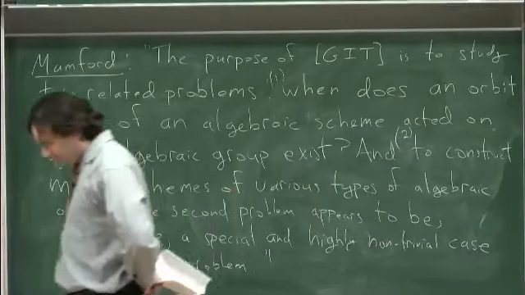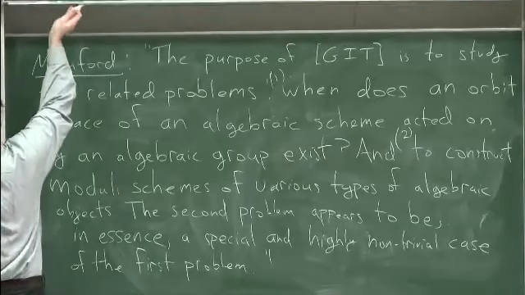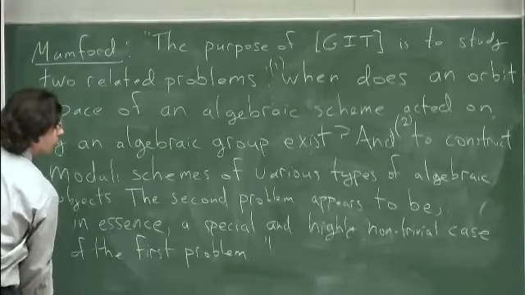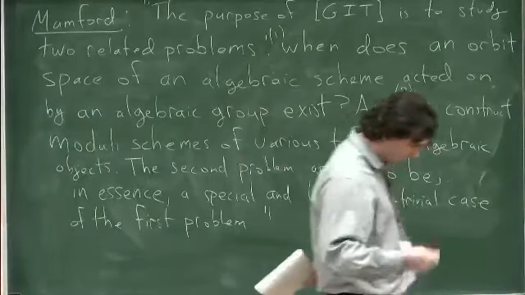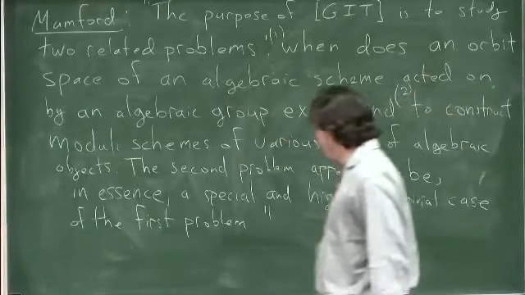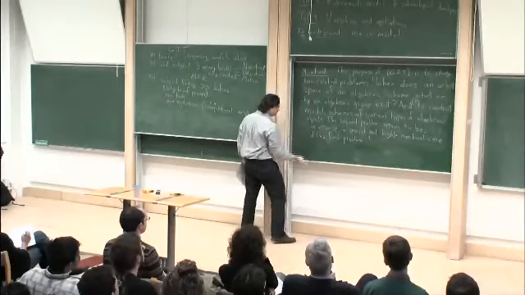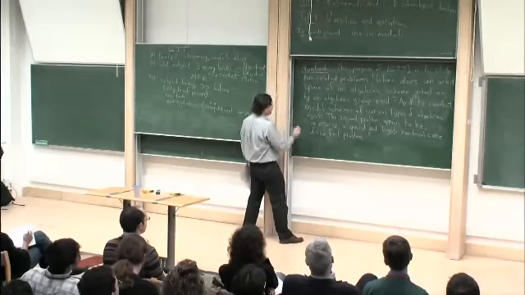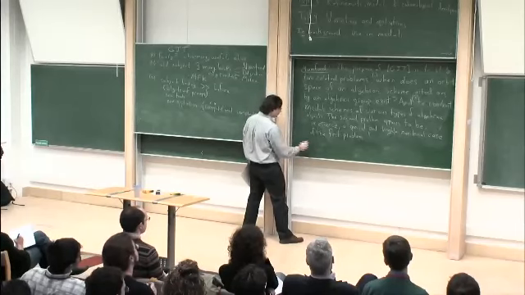Now, he sort of qualified his language there a bit, and I think that's wise, because as time has passed, it's clear that there were some very good early successes with GIT in describing moduli problems more or less completely. But it's certainly not sufficient in general to understand moduli problems for various reasons, and we'll discuss some of them. But it has had many successes, and when it works, it works extremely well.